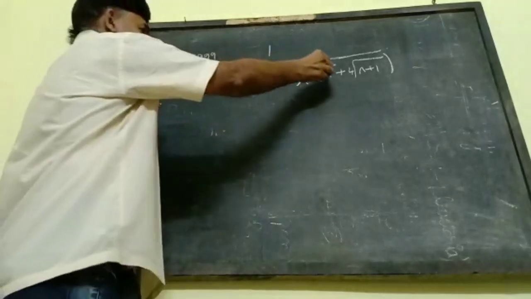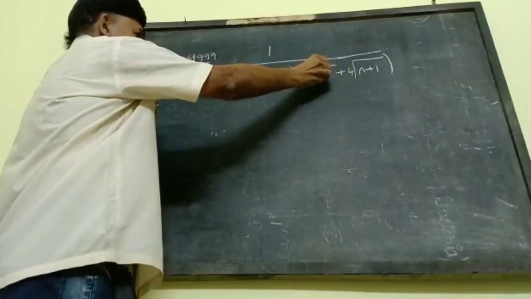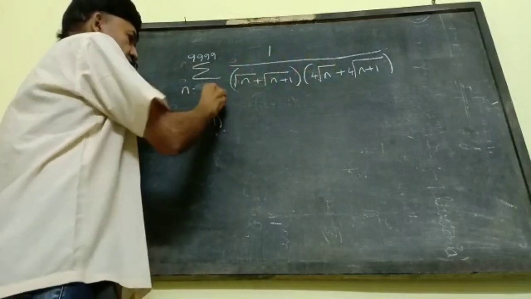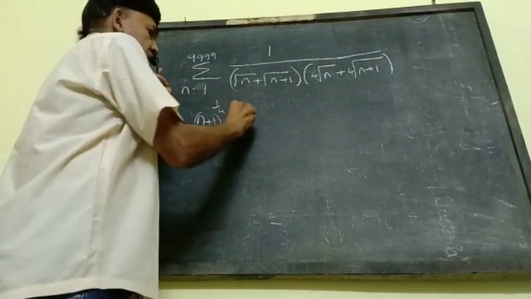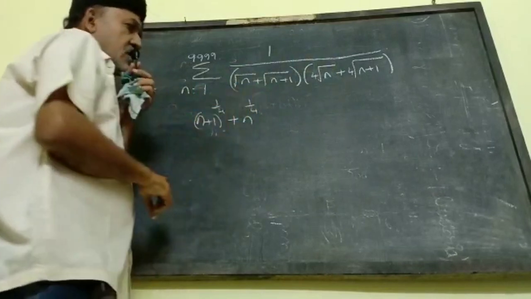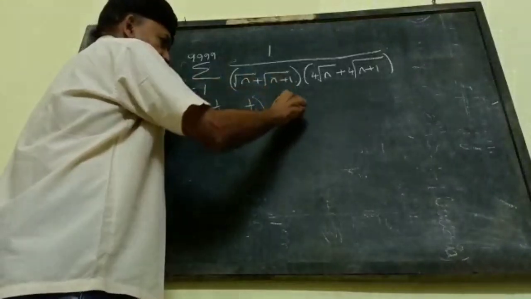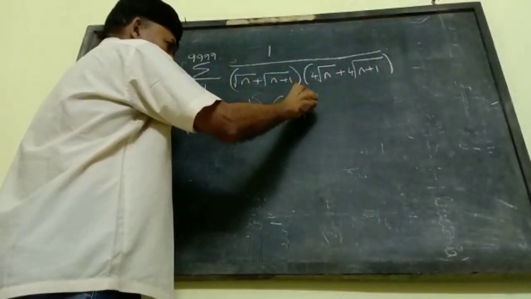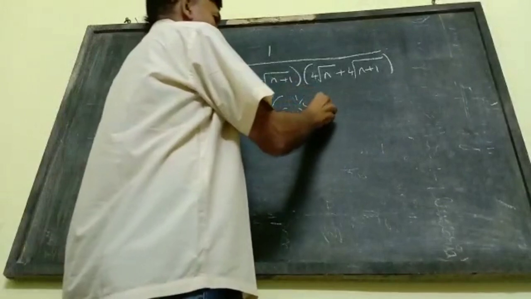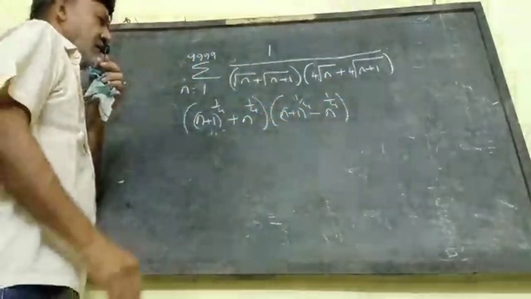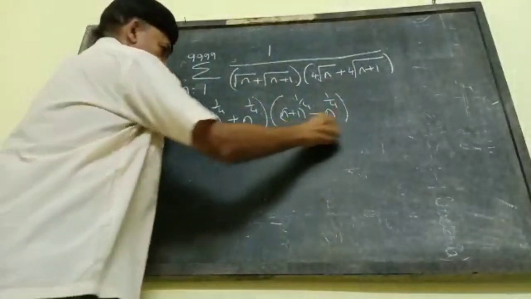We will first rationalize this expression. See, (n plus 1) whole power 1 by 4 plus n power 1 by 4 you consider. You multiply with the conjugate of this, (n plus 1) whole power 1 by 4 minus n power 1 by 4, and divide with that.